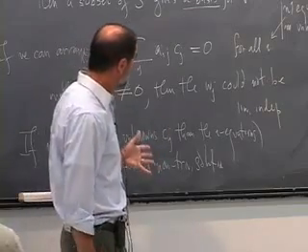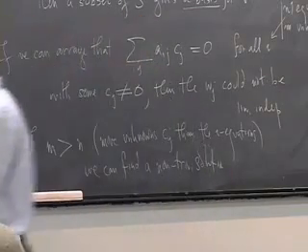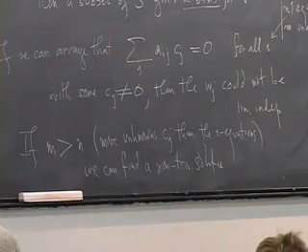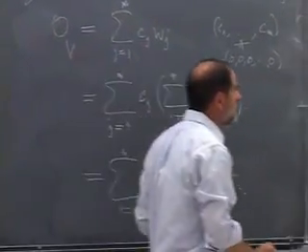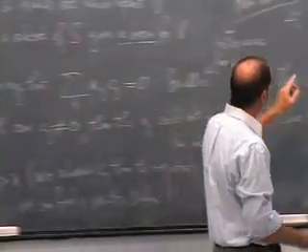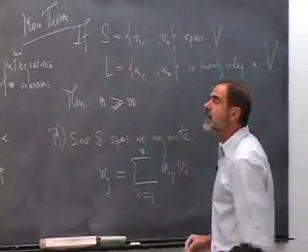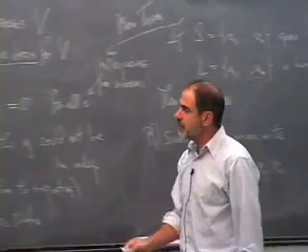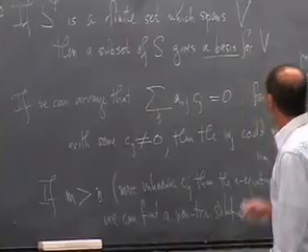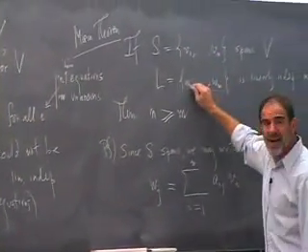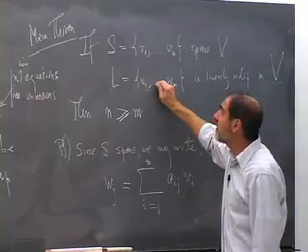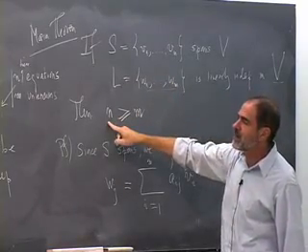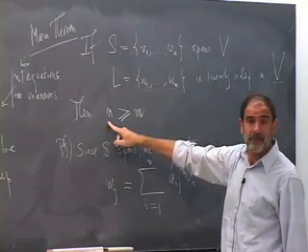But that would be a problem for us. This would imply that this sum was the 0 vector, and it would be a combination with non-trivial coefficients of the Wj, which would contradict our hypothesis that the set L was linearly independent. So if m is bigger than n, we get a contradiction to these two hypotheses. And consequently, these two hypotheses imply that n has to be bigger than or equal to m.